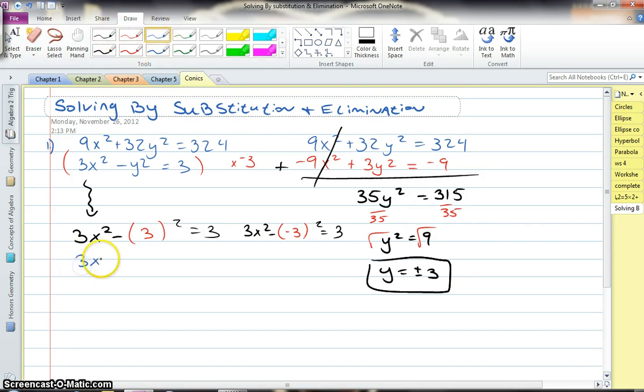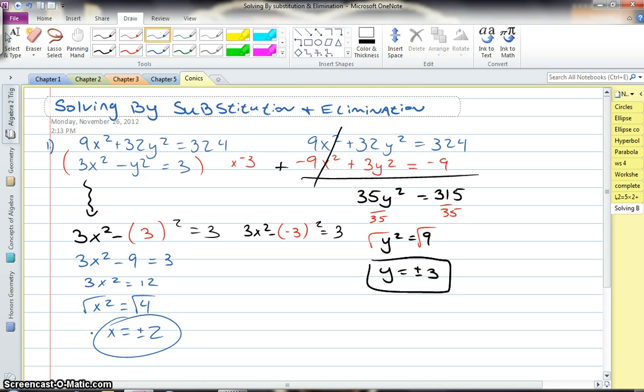So I have 3x squared minus 9 equals 3. If I did it over here, I would get the same result, because negative 3 squared gives me the same result. So 3x squared equals 12. x squared is 4. Square root both sides. x equals plus or minus 2.